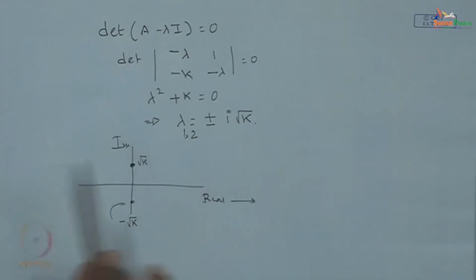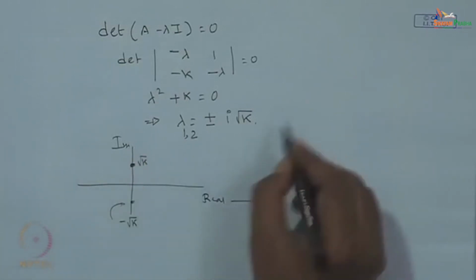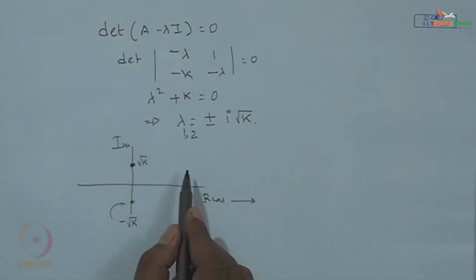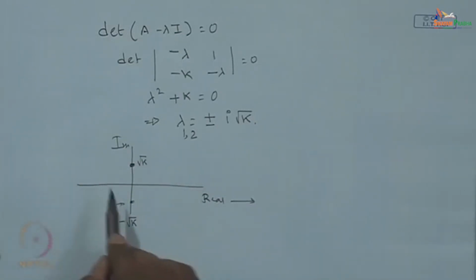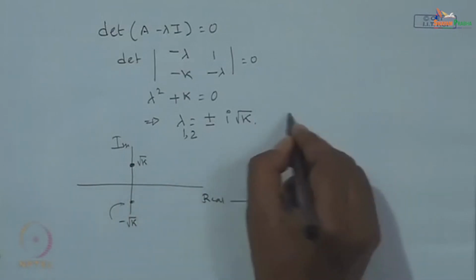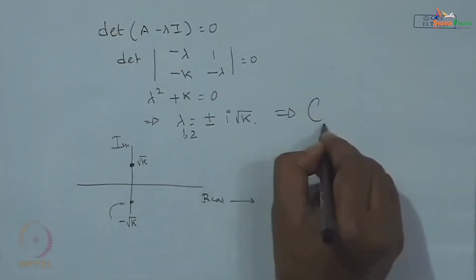So, we cannot say that they are unstable or stable. This steady state is known as critically stable. It is neither on the right half plane, which means unstable, nor on the left half plane, which is stable. So, this stability is known as critically stable.